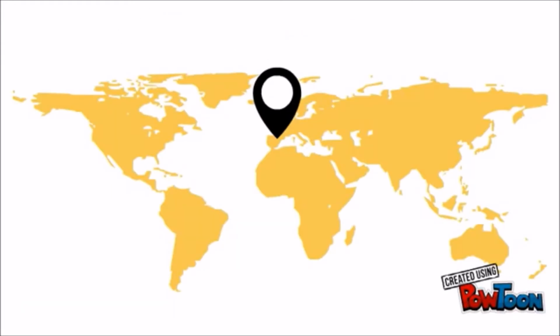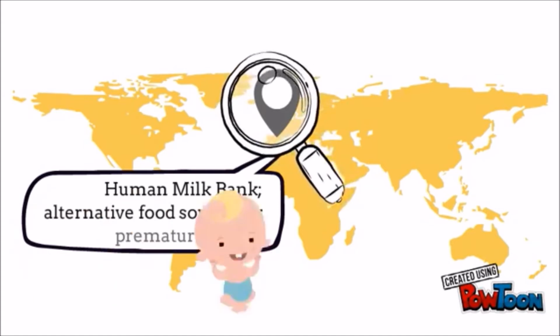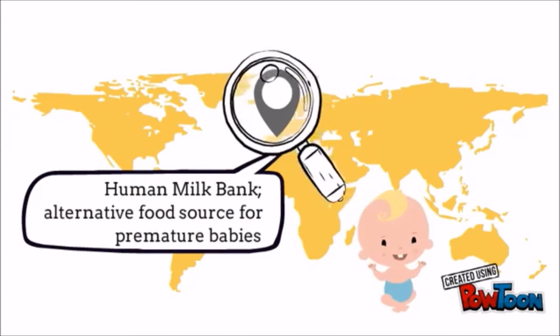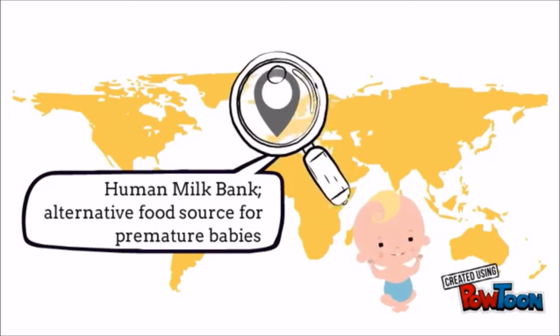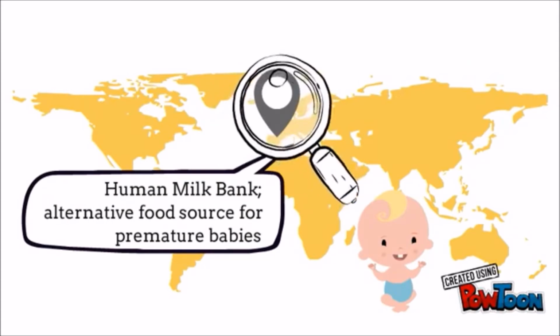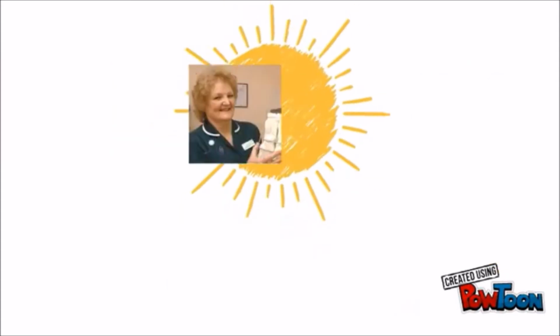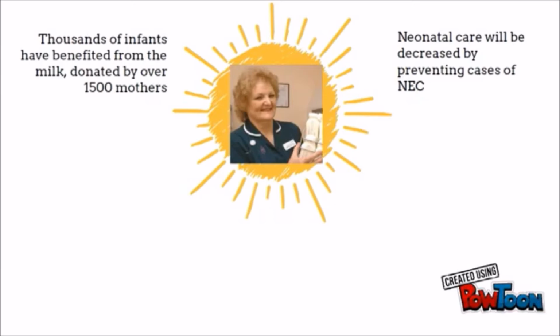Coulter established a human milk bank to produce an alternative food source for premature babies. Over the next 11 years, it functioned through charitable donation and grew to be the largest human milk bank in the United Kingdom. Thousands of infants have been able to benefit from the milk, which has been donated by over 1,500 mothers.